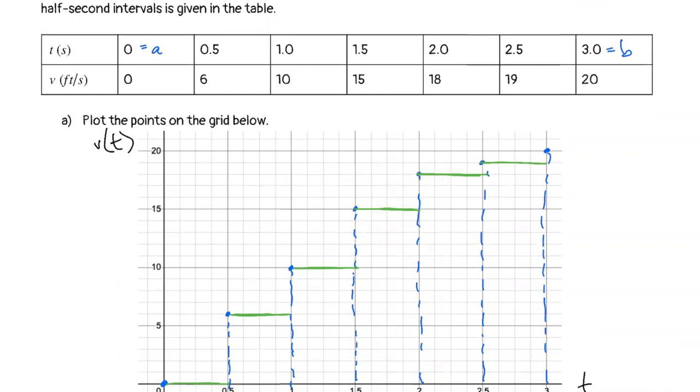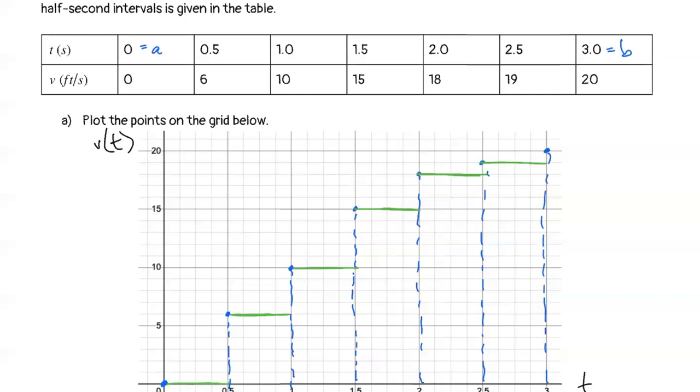How would you find this if you didn't have to draw a picture? Length times width, yes, but I'm asking where we are getting these numbers. Where do we get the numbers 0, 6, 10, 15, 18, and 19? Yes, they're on my table, but did I use all of the values on the table?